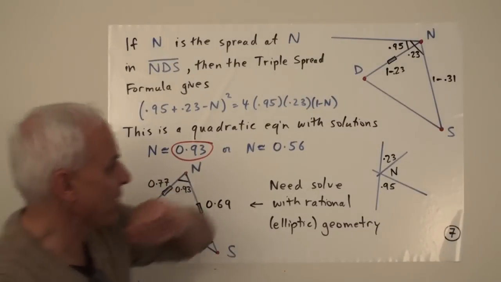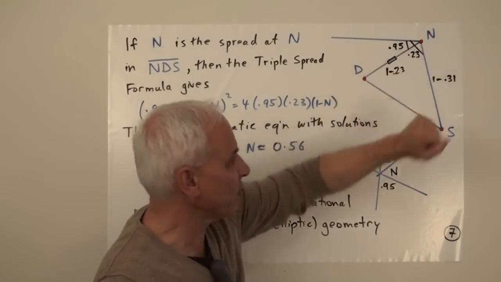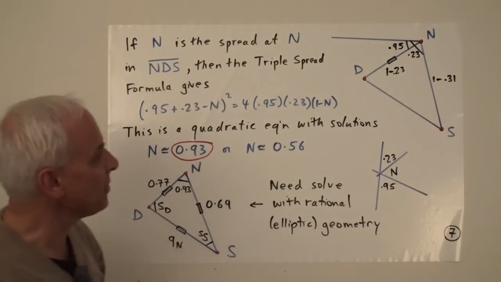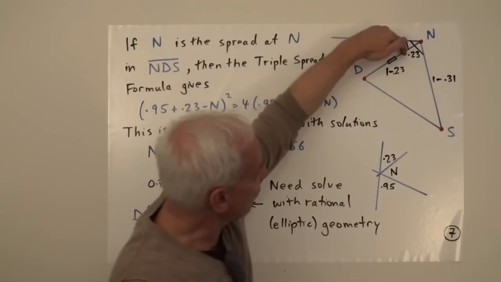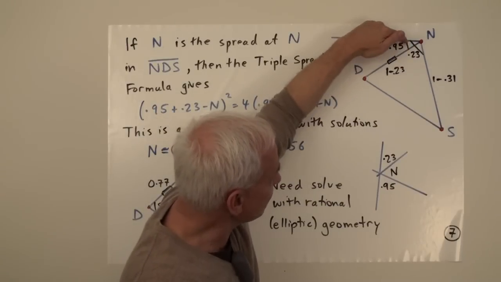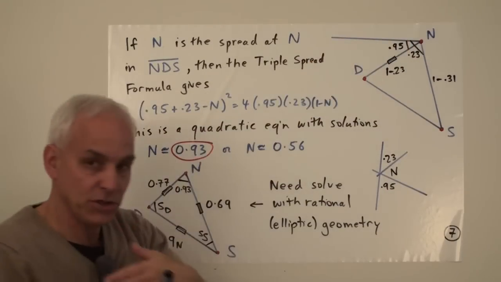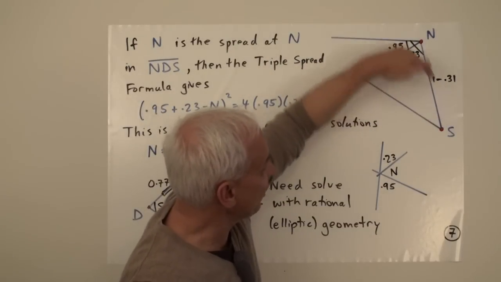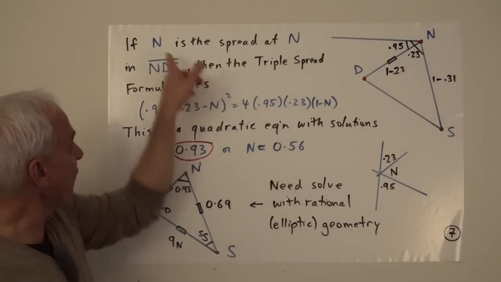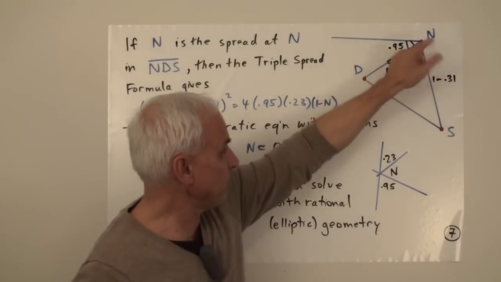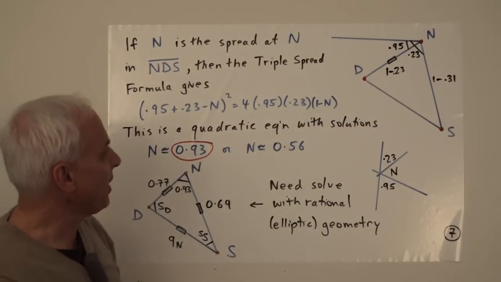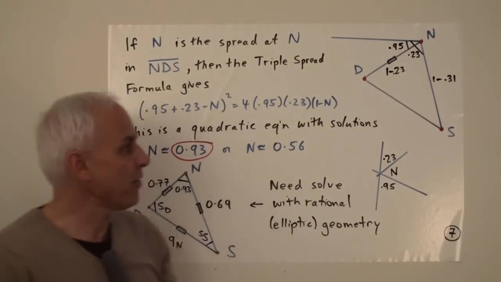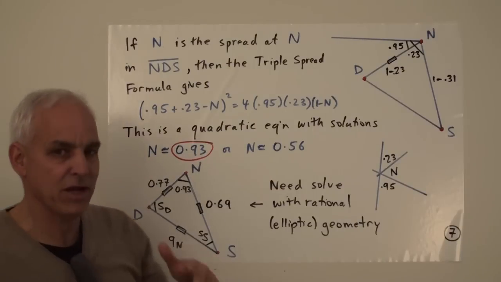Okay, so let's try to put together the rational form for this triangle. There's the North Pole, there's Delhi, there's Sydney. What about the spread here? Well, we've seen that this spread is 0.95. That's the longitudinal spread made by Delhi. And the longitudinal spread for Sydney is 0.23. So if n is the spread at the North Pole in this triangle, then 0.95, 0.23, and n are 3 spreads formed by 3 concurrent lines.